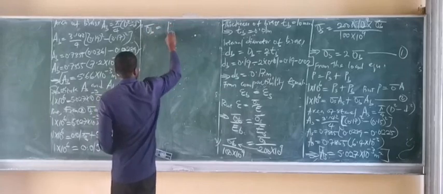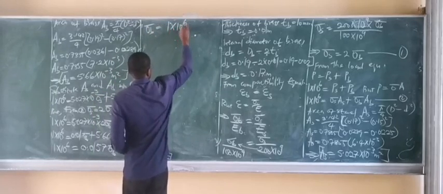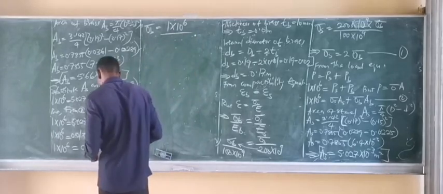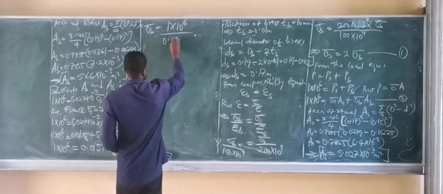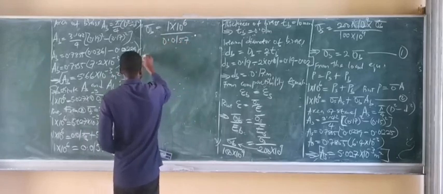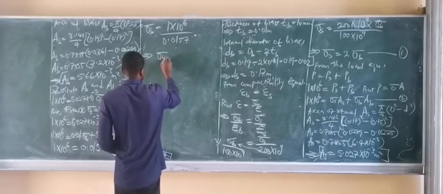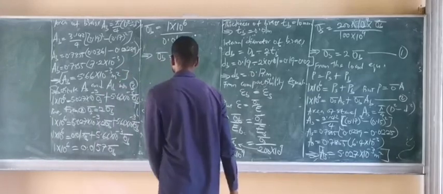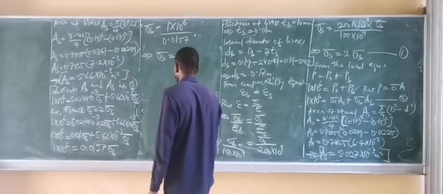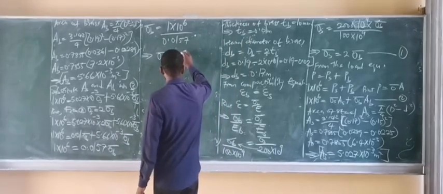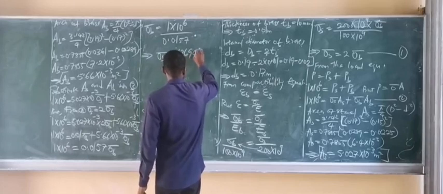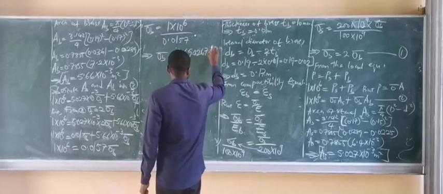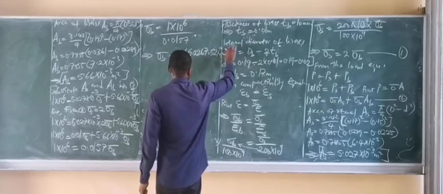It becomes 1 by 10 raised to the power 6 divided by 0.01567. So the stress in the brass bar is given by the division: 63694267.52 newtons per meter squared.